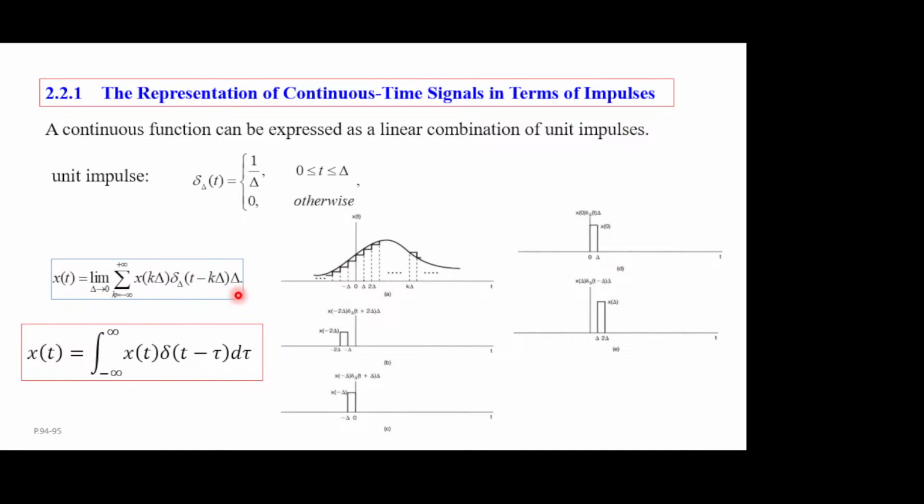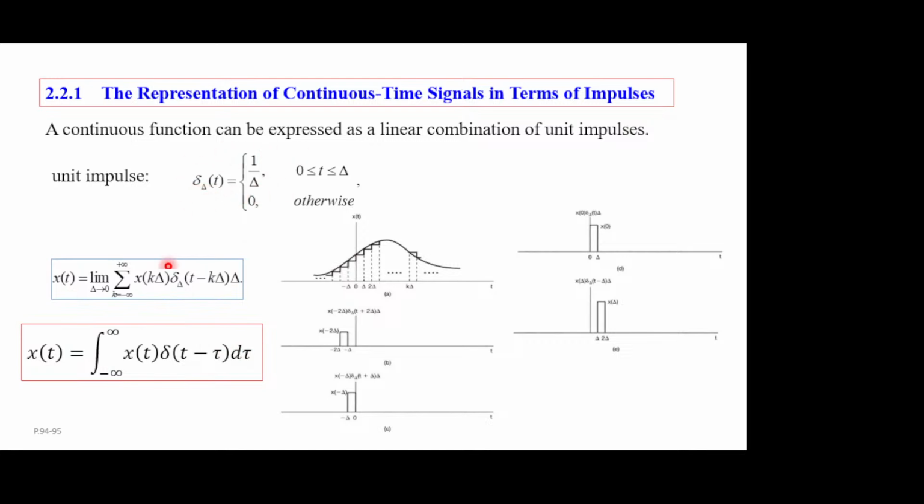Sorry, this triangle, actually big delta. So this delta, as it goes to 0, becomes like d tau, right? So we say this integral variable, we call it tau. So that's an infinitesimal change in tau, so that goes to d tau, which makes sense. And this delta of triangle as it goes to 0.